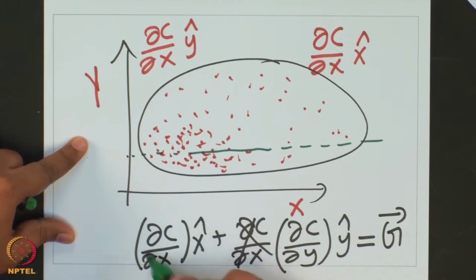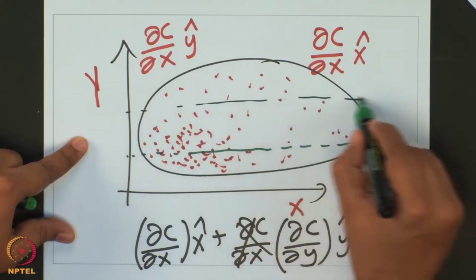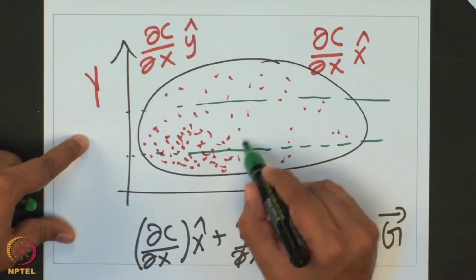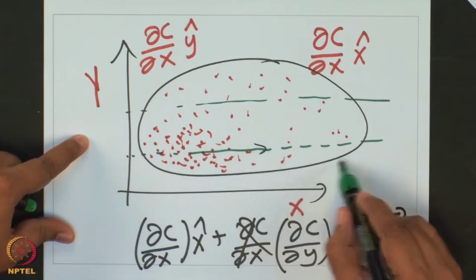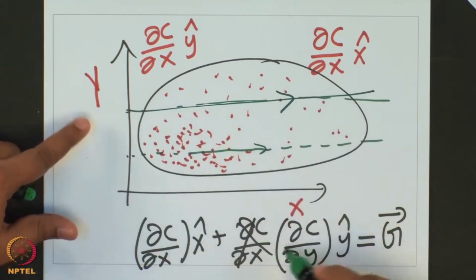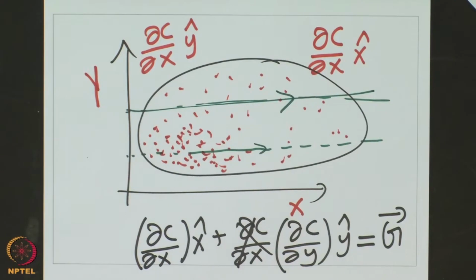What is the change along x? This is what this will give you. Take another y value. For a given y value, the change along x is given by this del C by del x. This is a partial derivative, therefore y is a constant. For a given y value, how the concentration is changing along this line. That's what this gives.